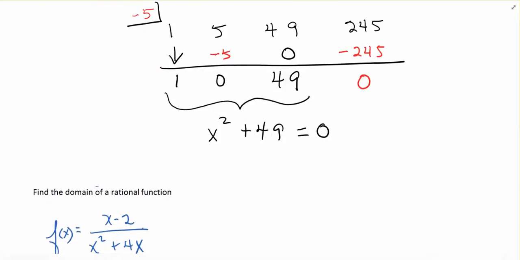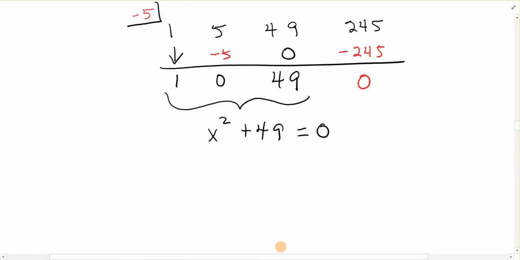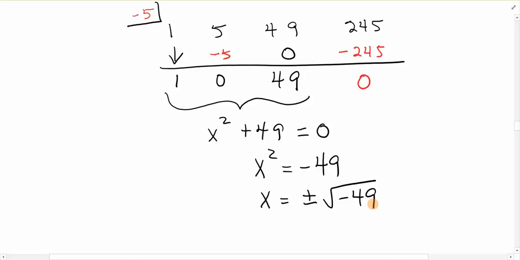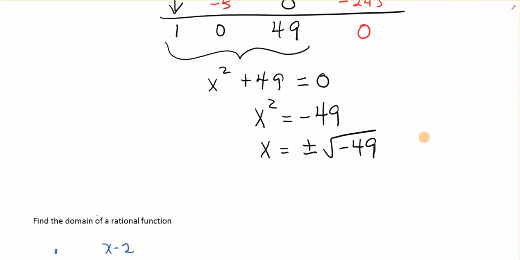Can I subtract 49 from both sides? And then take the square root of both sides? What's the square root of -49? 7i. So x is plus or minus 7i.